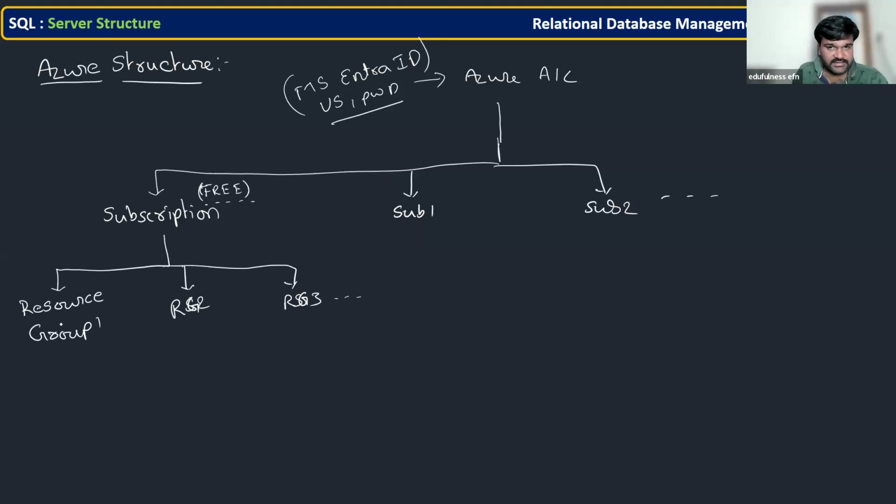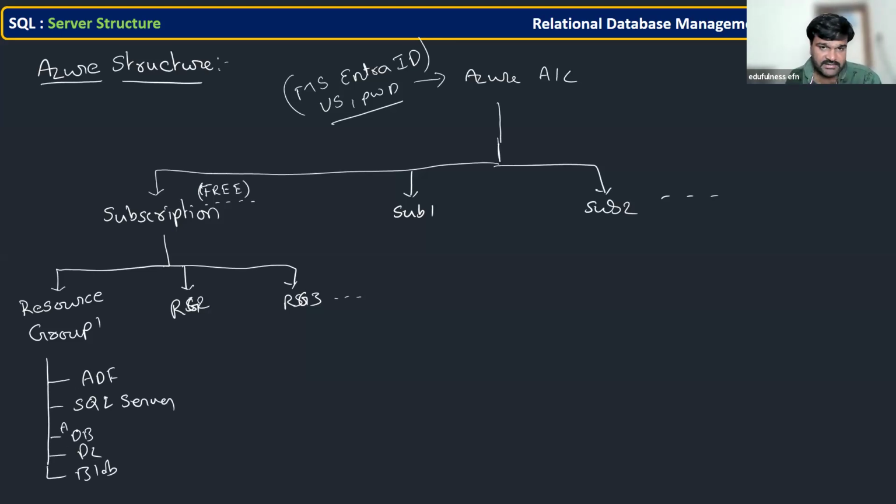What is a resource group going to have actually? As the name implies, you are grouping resources under one group. What are the resources here? Whatever we are talking about, Data Factory, for example ADF, or SQL Server, or Azure Databricks, ADB, or Data Lake or Blob, or whatever you need in your project.